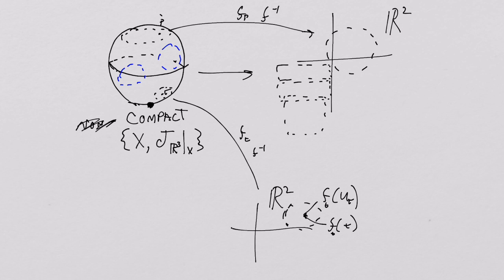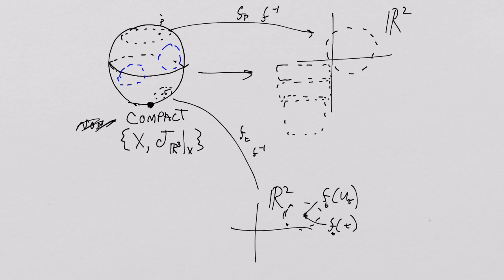So the mapping is not between the sphere and R2, it's between the topological space, open neighborhood of a point P with the subspace topology, to a topological space which is an open neighborhood of R2 with its subspace topology, right? Likewise, a topological space which is a subset of a different R2 with the subspace topology.